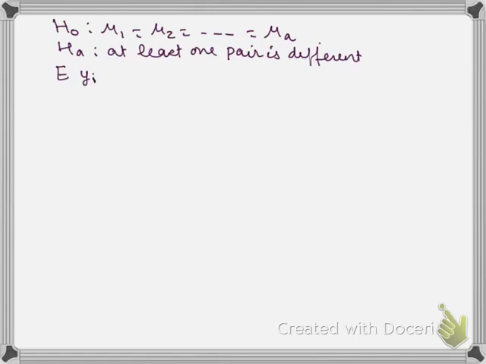The expected value of Yij is equal to mu plus tau i, or mu i. So this is what an effects model looks like. We are breaking down the ith treatment mean mu i into two components, mu and tau i. Also we assume that the sum of the tau i's is equal to 0.